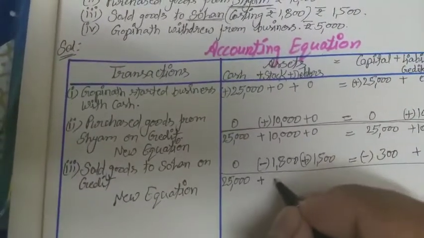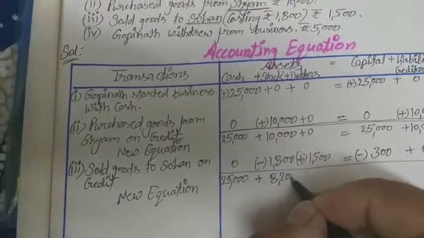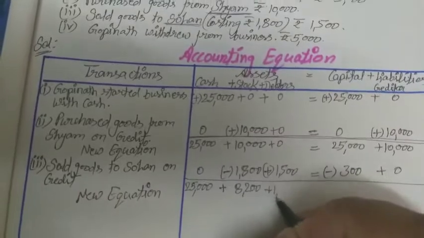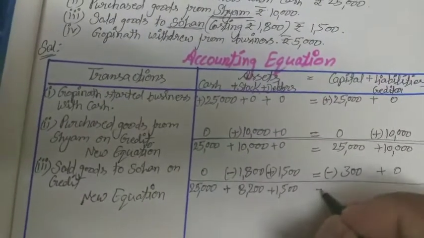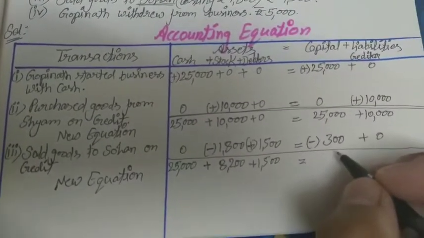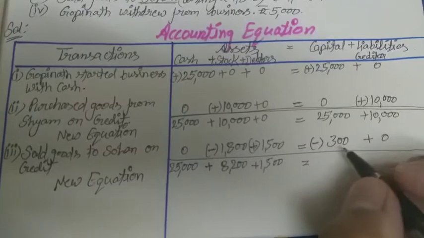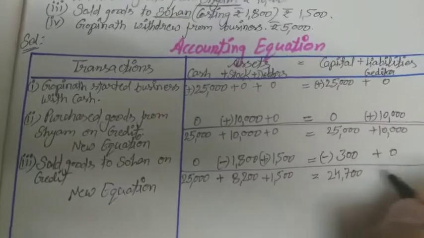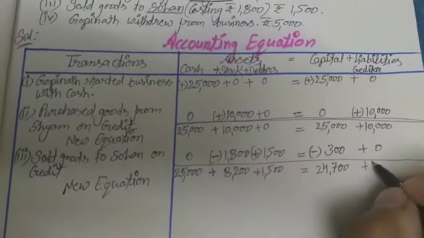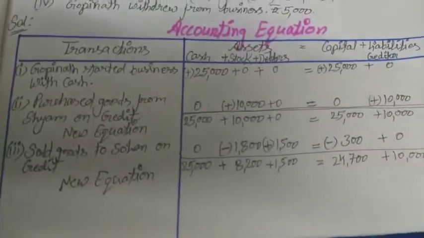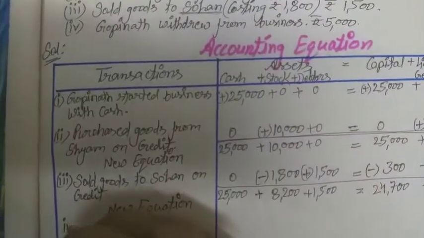So now 8,200 value of stock remains with the business, and 1500 rupees of debtors are there, and 25,000 capital was there, but 300 loss we will subtract, and then the balance will remain 24,700 with capital, and the liability will remain rupees 10,000. No change with the liability. Is it clear? Next, fourth one.